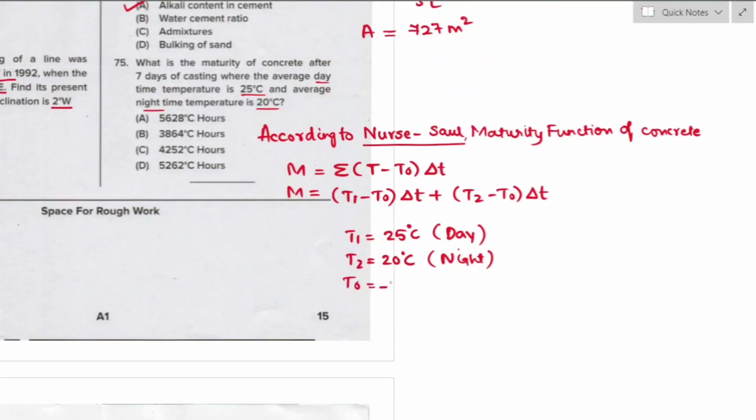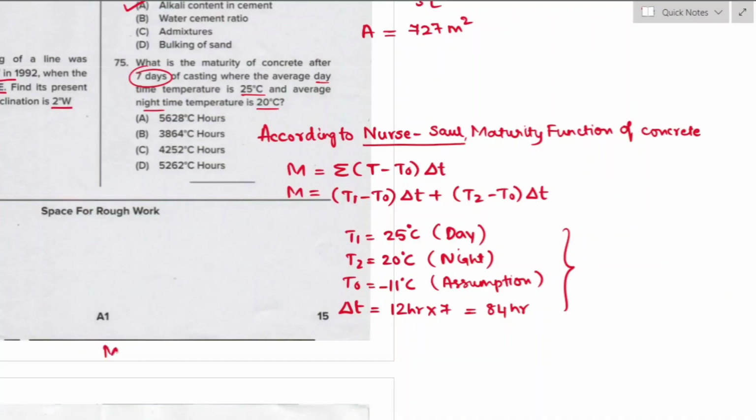T0 is the datum temperature, which is assumed as minus 11 degrees Celsius, where delta T is calculated for 12 hours. It is given for the 7 days, so 12 hours into 7 days, so 84 hours.